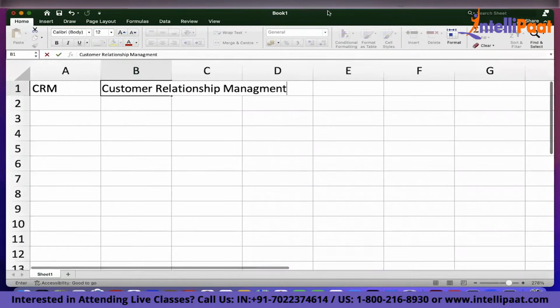Earlier, the reason why the word CRM came into existence, that we need to first understand. Why are we calling these products customer relationship management products?